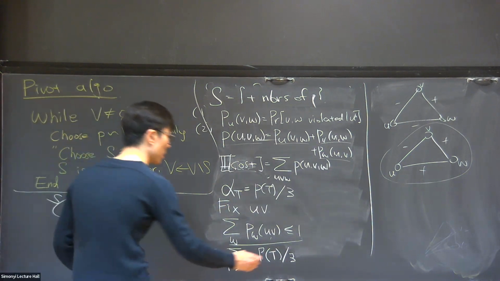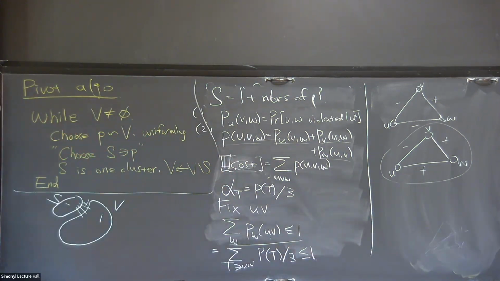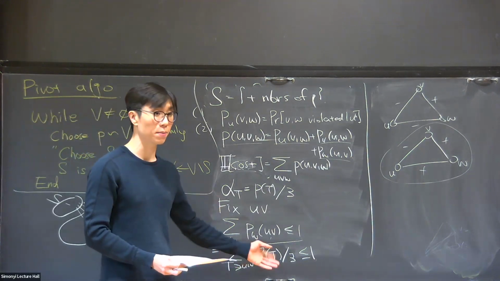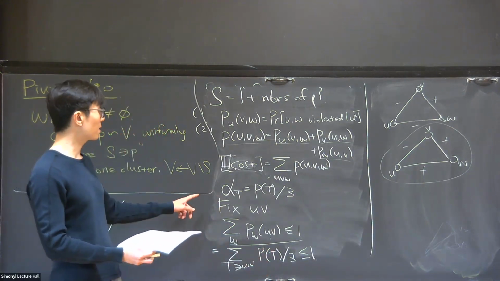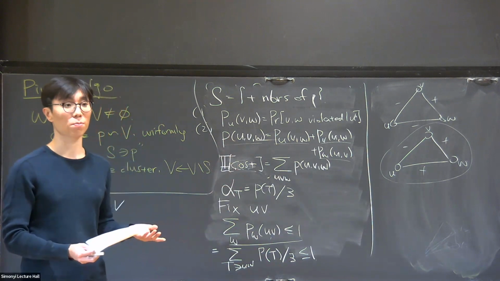And alpha T is exactly P T divided by 3. So alpha is dual feasible, which proves that it's a 3-approximation.